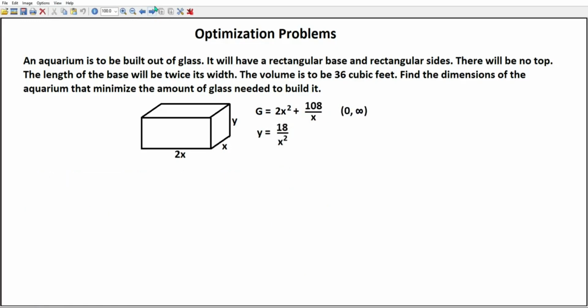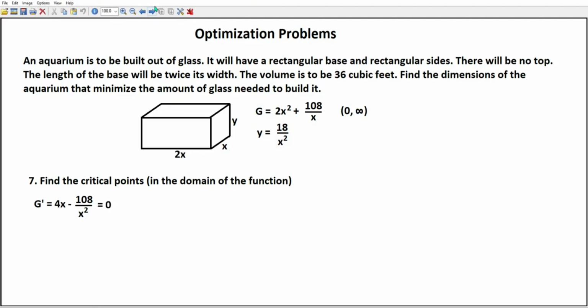Now the next thing to do is to find the critical points in the domain of the function. And we do this by taking the derivative of the objective function, which gives us 4x minus 108 over x squared. And that's because the derivative of 1 over x, which is x to the minus 1, is minus x to the minus 2. Okay, we're going to set that equal to 0.